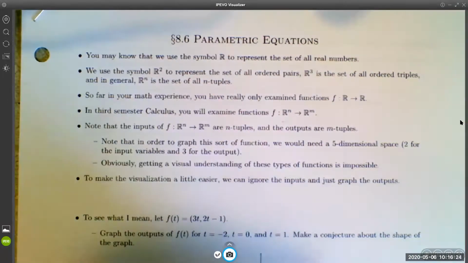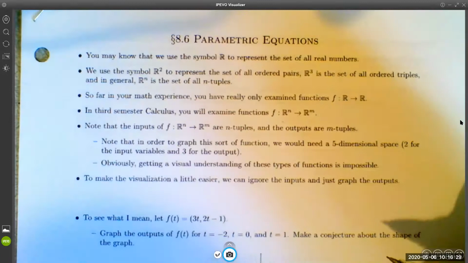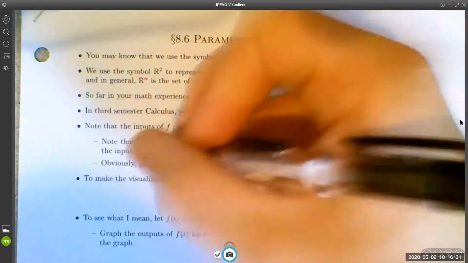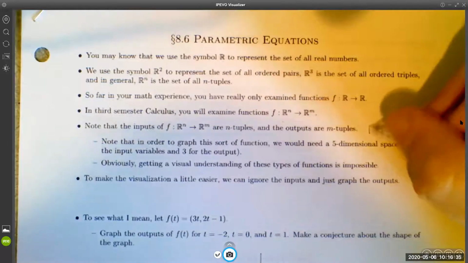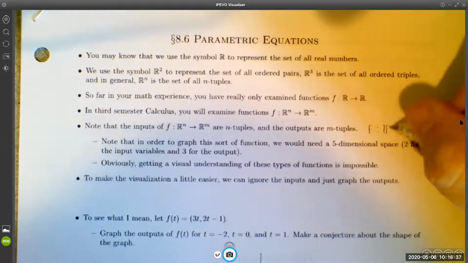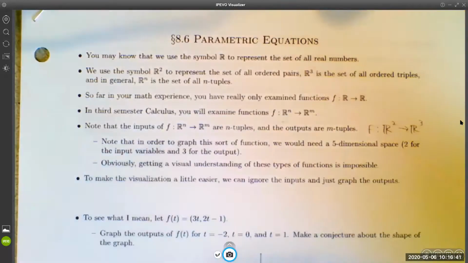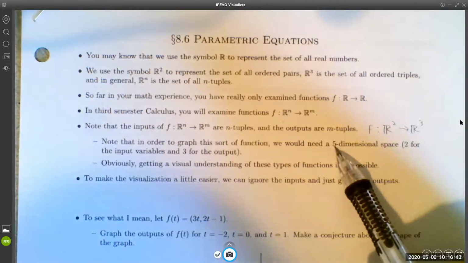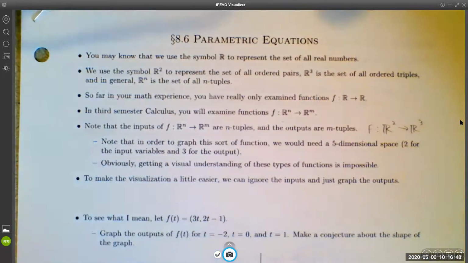So for example, if you wanted to graph, in 5-dimensional space, something like f going from R squared to R cubed, then in order to really graph that function, you would need 5 dimensions, right? 2 for the input and 3 for the output, which is not possible.